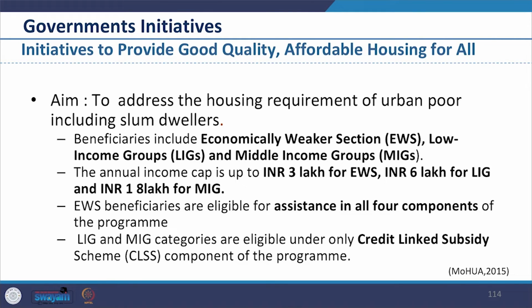The annual income cap is up to 3 lakhs for EWS, 6 lakhs for LIG, and 18 lakhs for MIG. EWS beneficiaries are eligible for assistance in all 4 components of the program, whereas LIG and MIG categories are eligible under only credit-linked subsidy scheme, abbreviated as CLSS, components of the program.